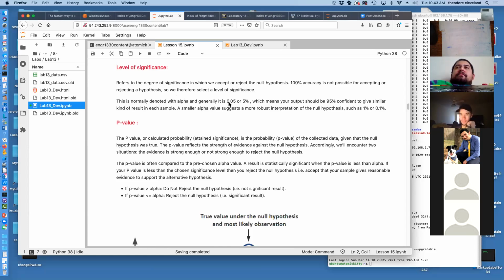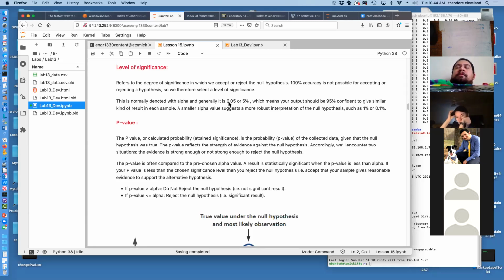And what that level of significance is actually doing is establishing an acceptable amount of error that we'll look at shortly. So if the level of significance is 5%, there's a related concept called the confidence, which would be 95%.